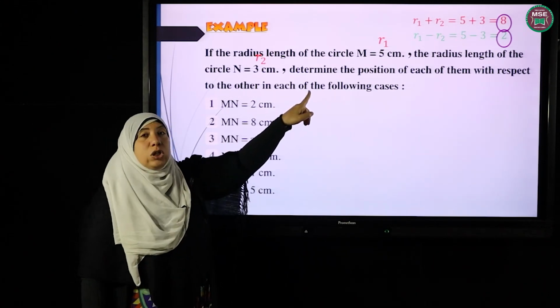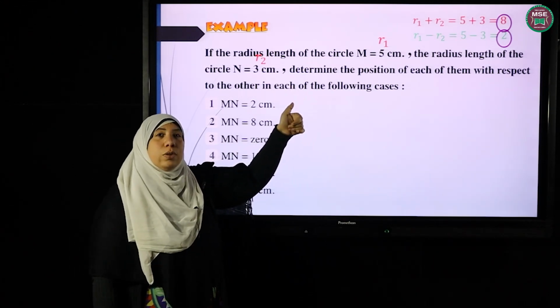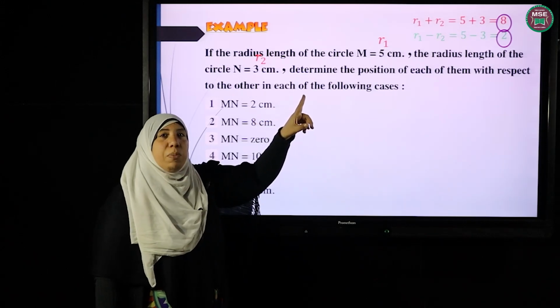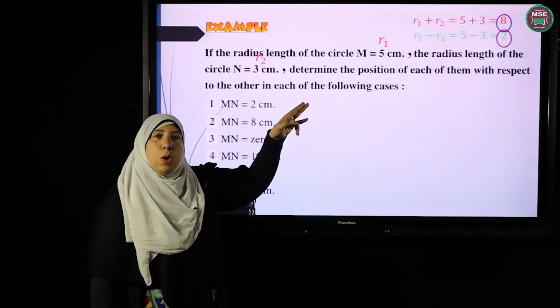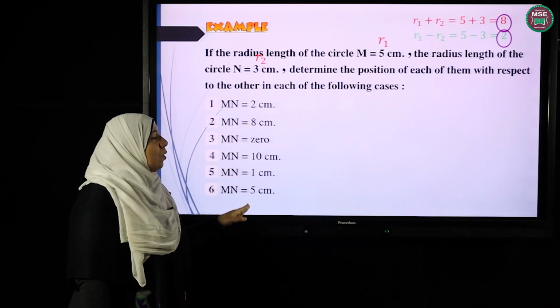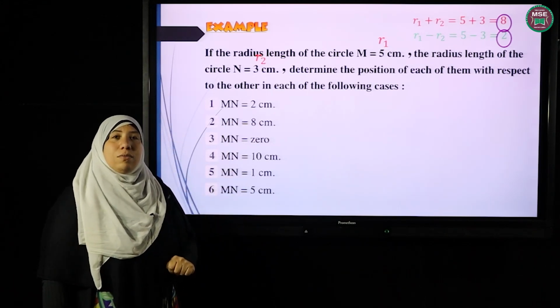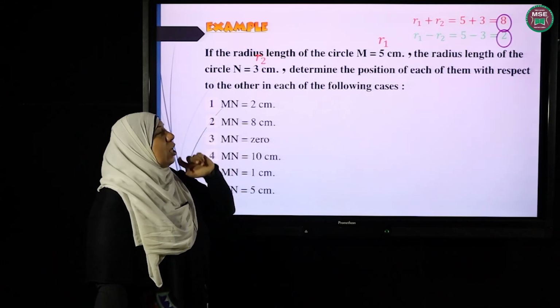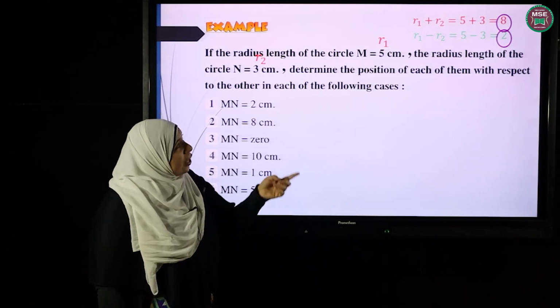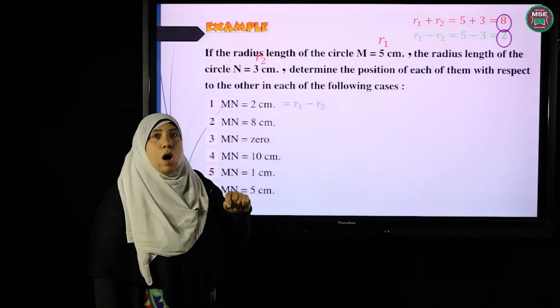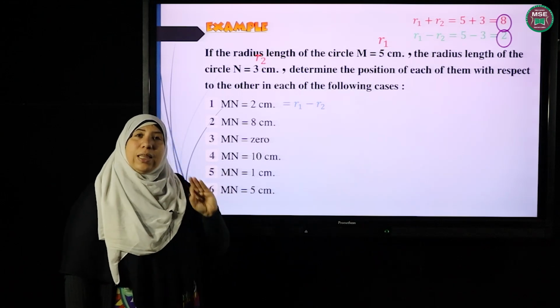Concentrate on these numbers, not R1 and R2. I have 8, which is R1 plus R2, and 2, which is R1 minus R2, and I have here the distance between their centers. First, MN equal to 2 is equal to R1 minus R2, exactly the difference.